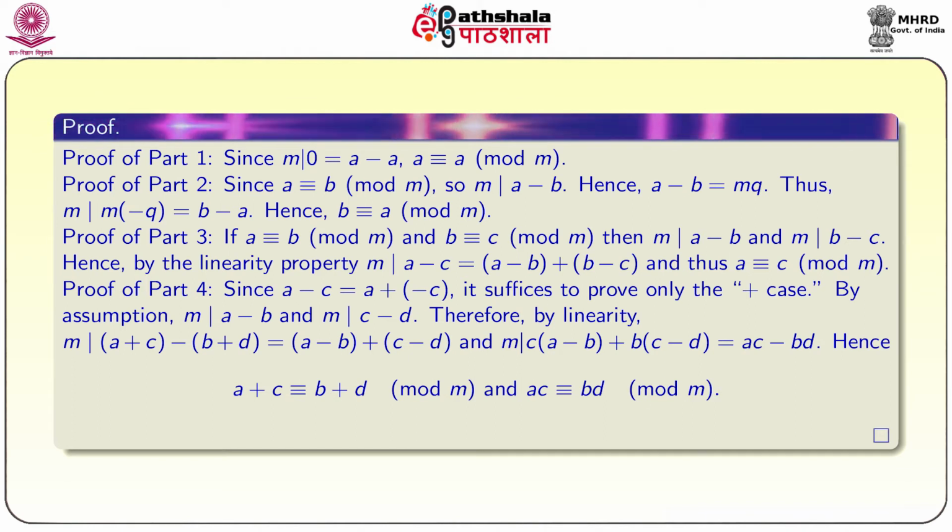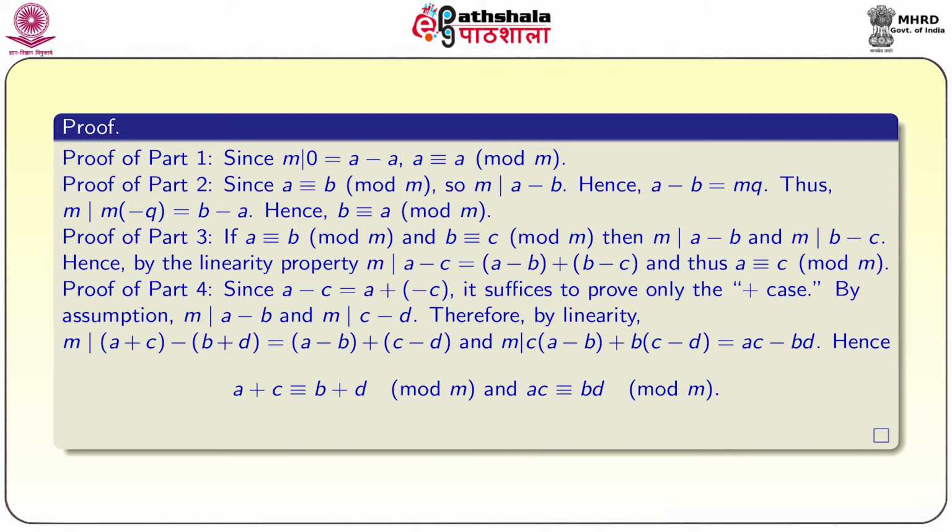Now, the proof of part 4. Since a minus c is equal to a plus of minus c, it is sufficient to show only the plus case. By assumption, m divides a minus b and m divides c minus d. Therefore, by linearity, m divides a plus c minus b plus d, which is equal to a minus b plus c minus d, and m divides c into a minus b plus b into c minus d.